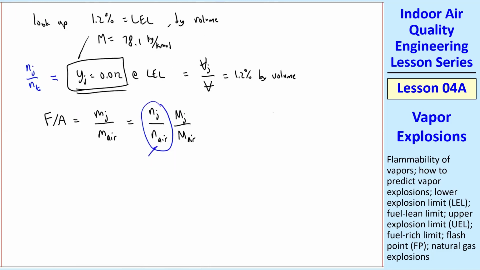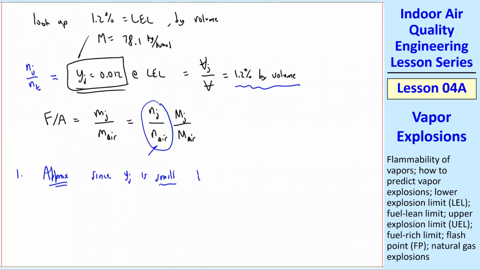So I'm going to do this two ways. One is an approximate solution, where since the Yj is small, and small is a relative term, 1.2% is borderline small. If you're worried about a couple digits, it's not a bad approximation. But since it's small, we're going to approximate that Nj over N air is approximately Nj over N total, which is equal to Yj.